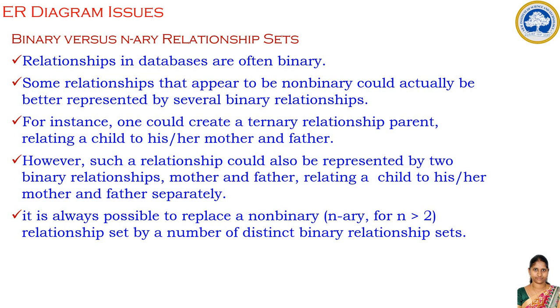Then similarly, the relationship set we are usually maintaining as binary, but sometimes the relationship is non-binary also, where more than two entities are going to be related. Sometimes it is ternary, and more than three we can call an n-ary relationship set.